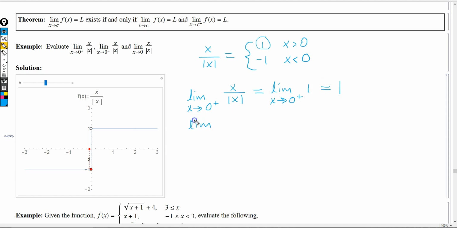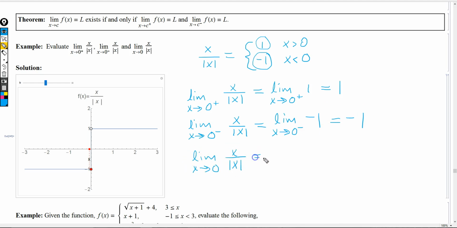Limit as x approaches 0 from the left of x over absolute value x is the limit as x approaches 0 from the left of negative 1, because now we're going to be dealing with this piece. And of course that is negative 1. And so our full limit, well, that's going to be DNE, does not exist, because these two numbers, while they do exist, are not equal to each other. So the full limit cannot exist.